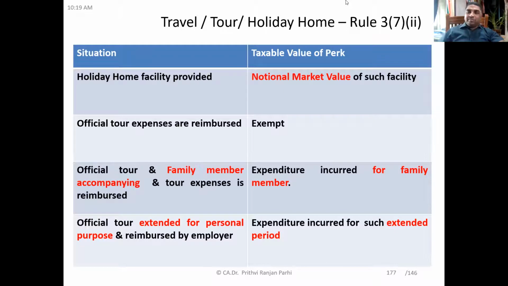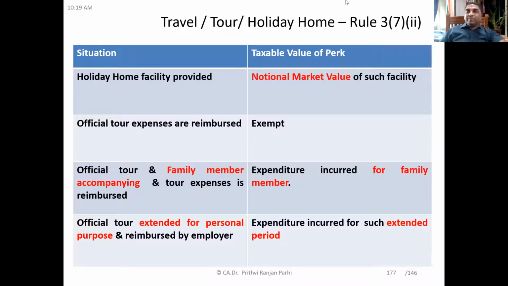In that situation, expenditure incurred for family members will be the value of the perquisite. But expenditure incurred for the employee himself is not a perquisite because it is for an official tour. Understood?